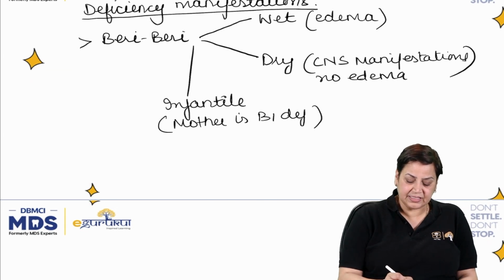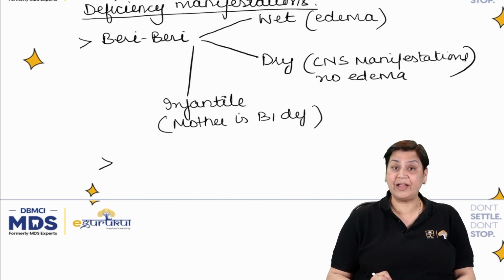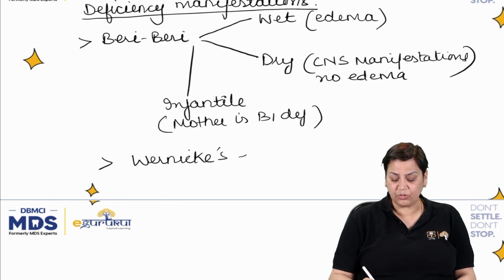The second important deficiency manifestation of vitamin B1 is Wernicke's encephalopathy.